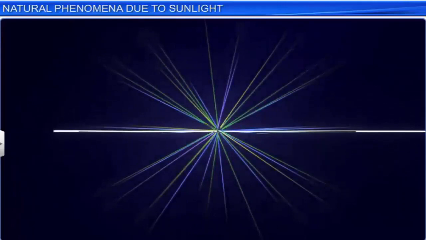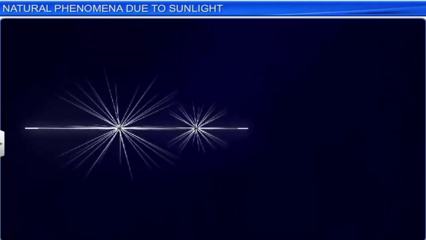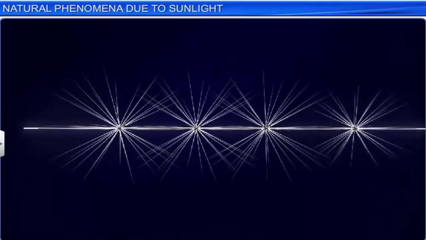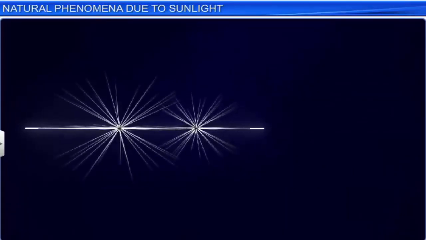If the size of the particle is large as compared to the wavelength of the incident light, then the particle scatters light of all wavelengths equally. For example, if white light is incident on large particles, light of all wavelengths gets scattered equally in every direction.